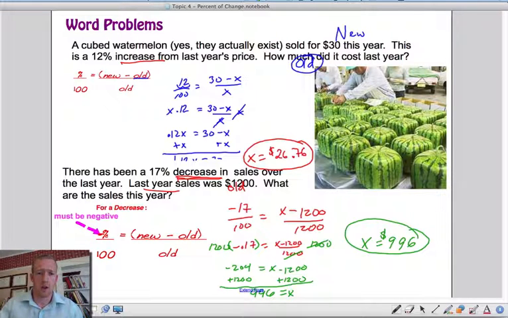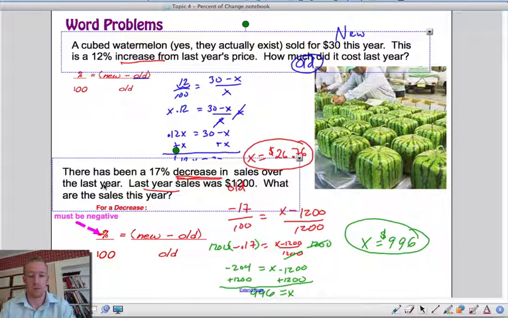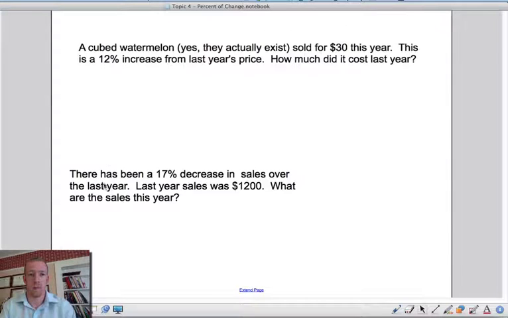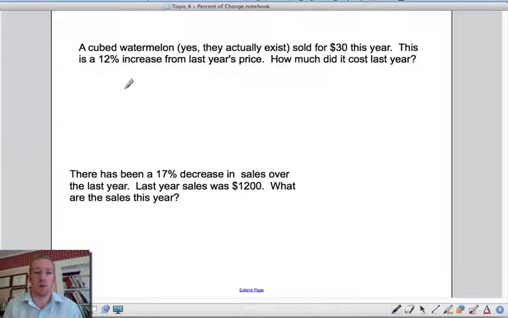Okay, so now let's quickly, if you want to see, you don't have to watch this, but if you want to see another way to do these problems: if you know that it's been a 12% increase from last year's, that means whatever last year's price was, you multiply that by 100 plus 12%, which is 112%, or 1.12 as a decimal, right?